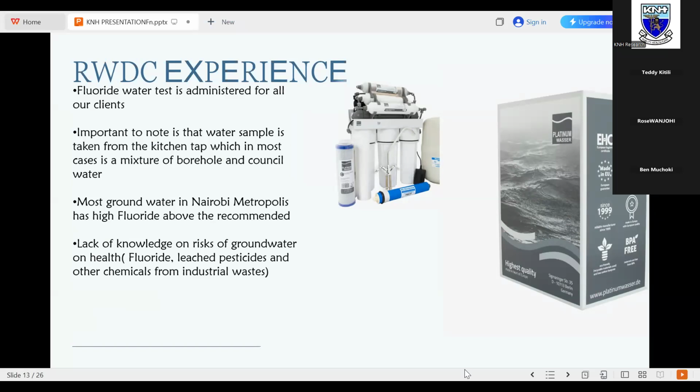At Riverside Water Defluoridation Consultants, we usually administer fluoride water tests for all those people who install our water purification systems. Most water is pure borehole water, sometimes a mixture of borehole and council water, and sometimes council water.